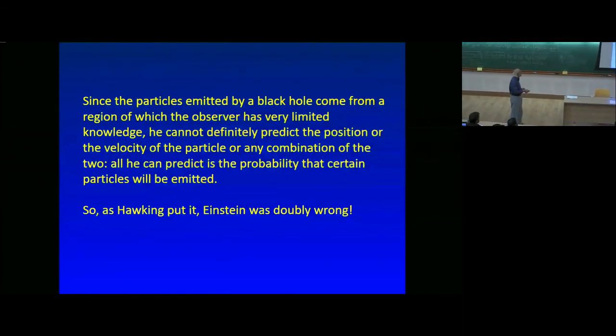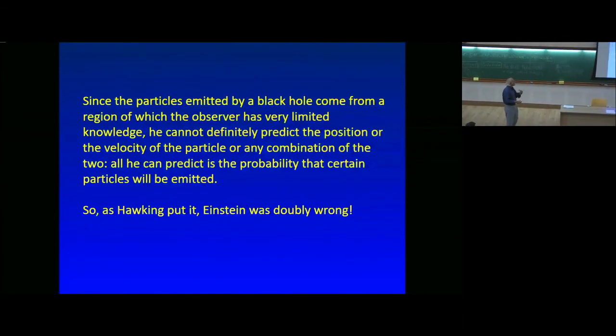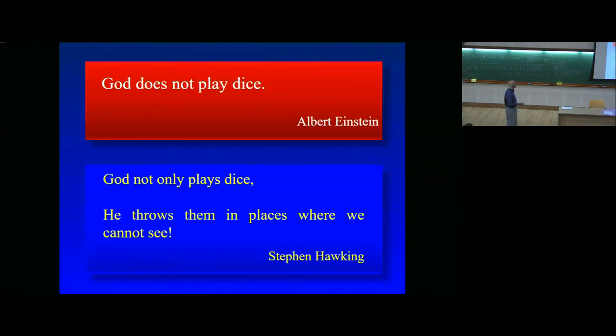You can only say that there is a probability that certain particles will be emitted, like in black body radiation. So that's why in his famous Scientific American article, he said, Einstein was doubly wrong. Einstein said God does not play dice. God not only plays dice, he throws them in places where we cannot see.